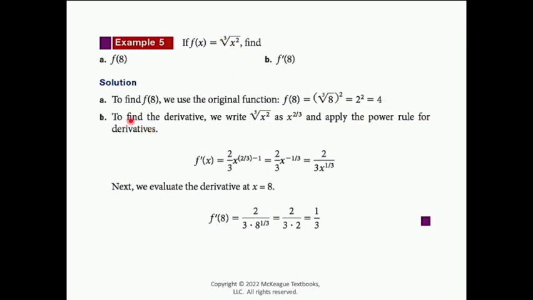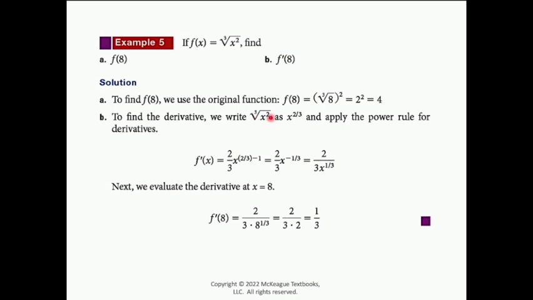And then when we want to find the derivative of this, remember when you have roots, you can rewrite it where the root is in the denominator in the exponent. So this would be rewritten as x to the 2/3. So 2 up in the numerator of the fraction means it's x squared. The 3 in the denominator tells you the root. So this is the third root. So now that we've rewritten this function using exponents, we can apply the power rule.